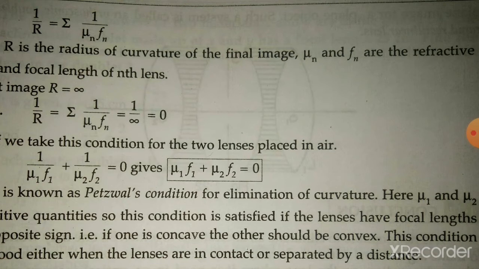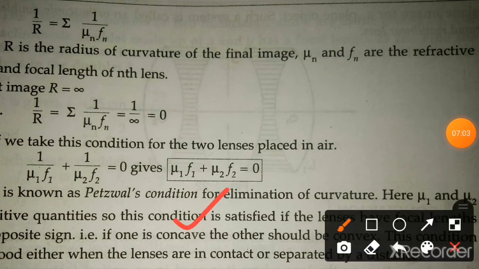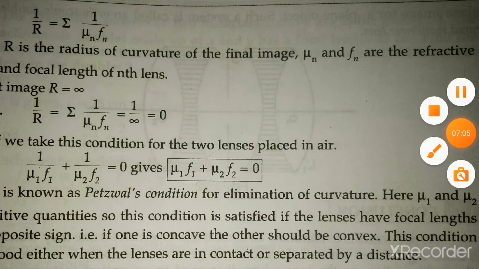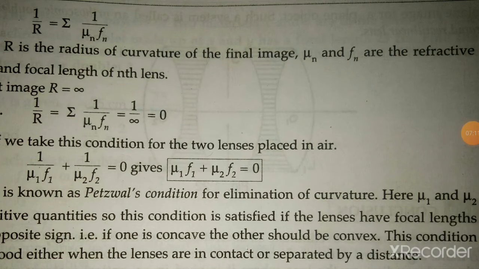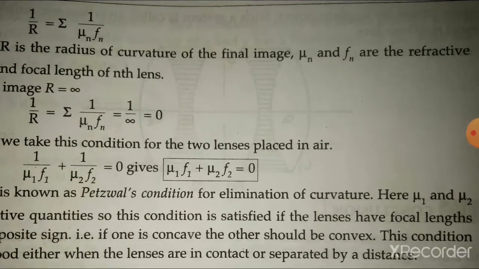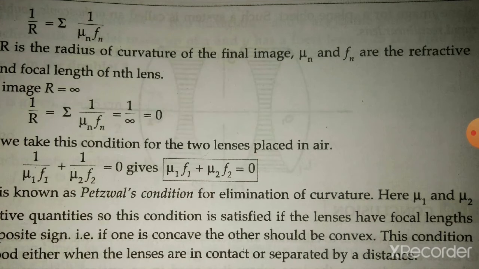Here the negative sign indicates that one of them is concave and the other is convex. This condition holds good either when the lenses are in contact or separated by a distance. Okay, this is the condition for eliminating curvature.